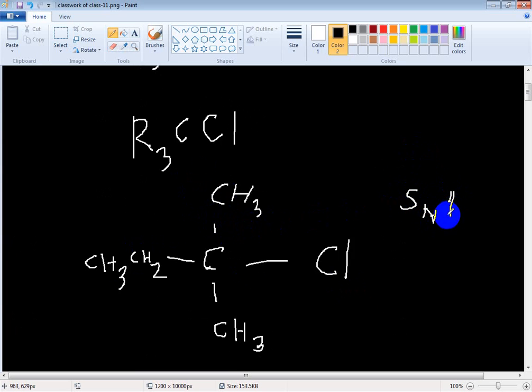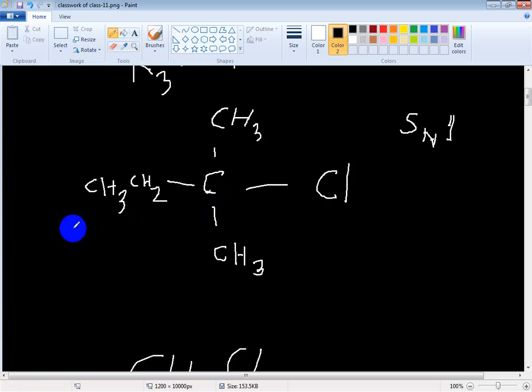But why is SN2 mechanism not preferred here? Because this is a bulky group. The nucleophile cannot attack easily because of steric hindrance. This is a big group.